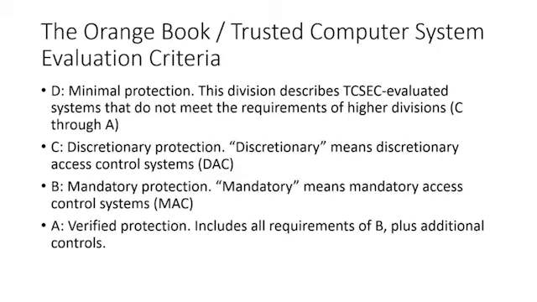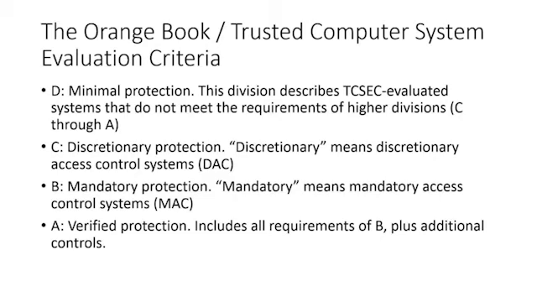Level D is minimal protection. So this division describes the TCSEC evaluated systems that don't meet the requirements of the higher divisions. We have C level, that's just discretionary protection. Again, that's at your discretion. DAC, mandatory protection at level B there, or MAC. And then A, we have verified protection.